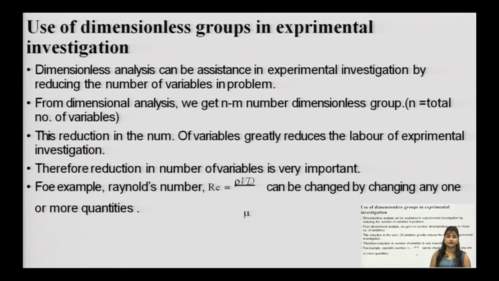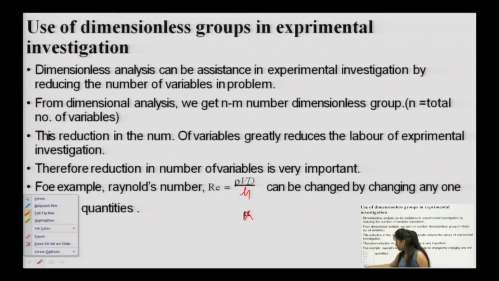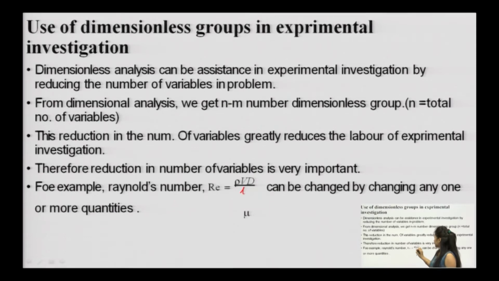Now, what is the use, why are we dealing with these dimensionless numbers? What was the necessity of dimensionless numbers? Why are we using them in our study and why are we calculating them?